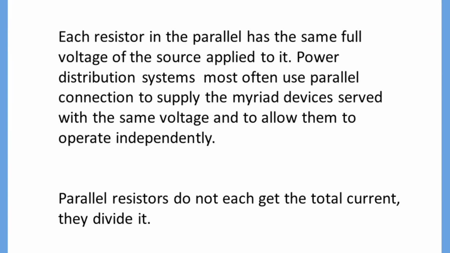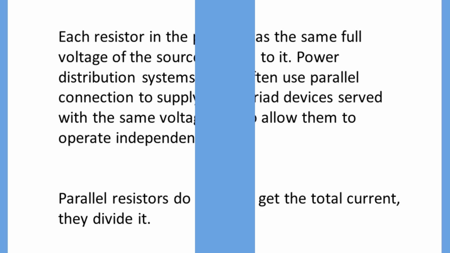Each resistor in parallel has the same full voltage of the source applied to it. Power distribution systems most often use parallel connections to supply the myriad devices served with the same voltage and to allow them to operate independently. Parallel resistors do not each get the total current, they divide it.